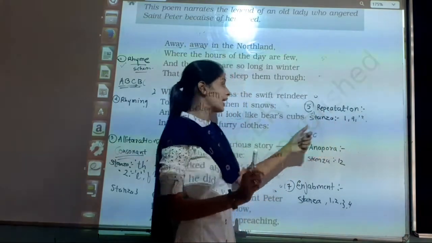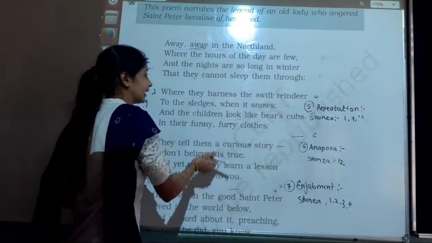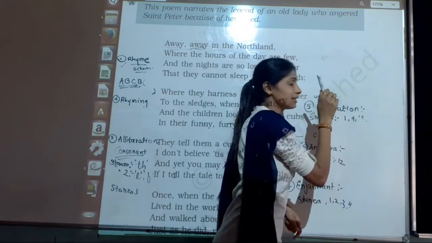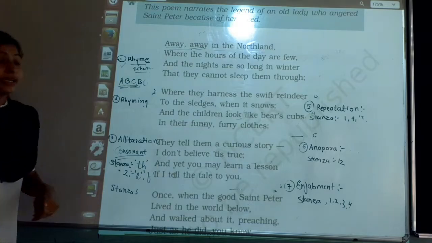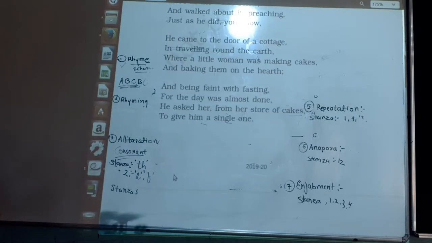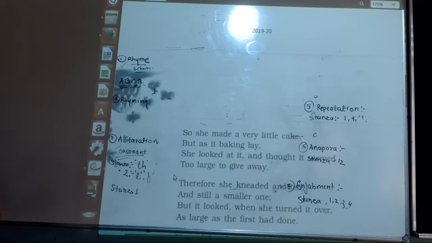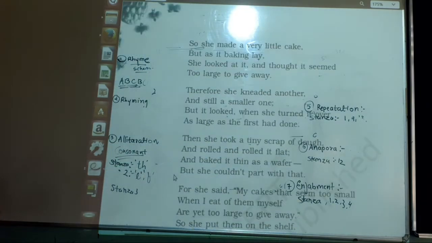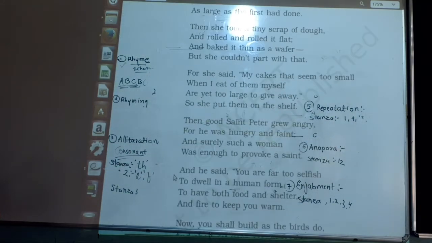In stanza number 1, you will write these 2 words beside that stanza number 1. Then in stanza number 9, again one of the words is repeated in the line, right? Here we have to write it.